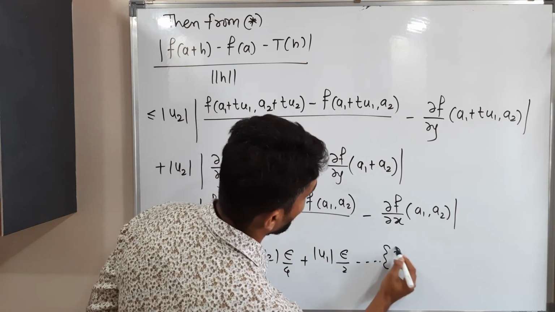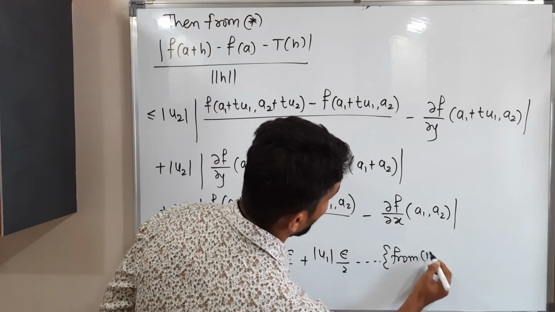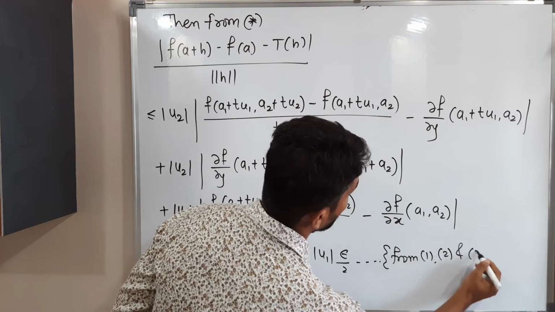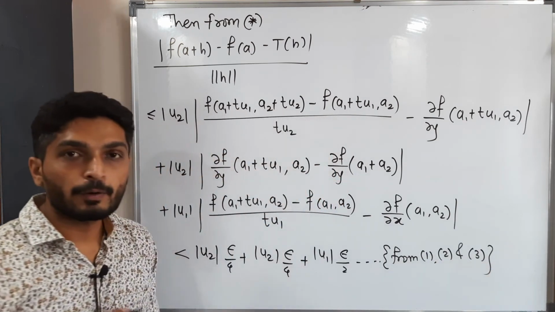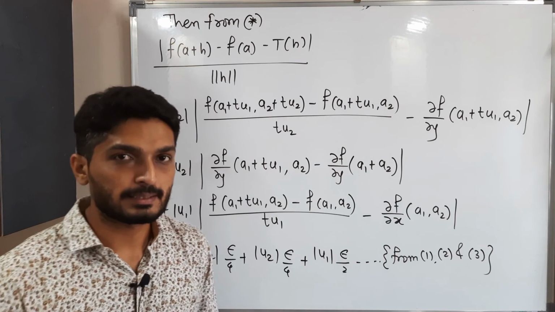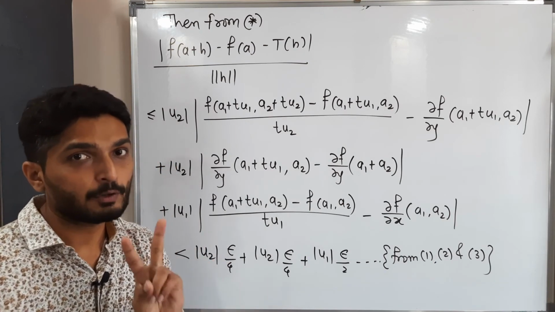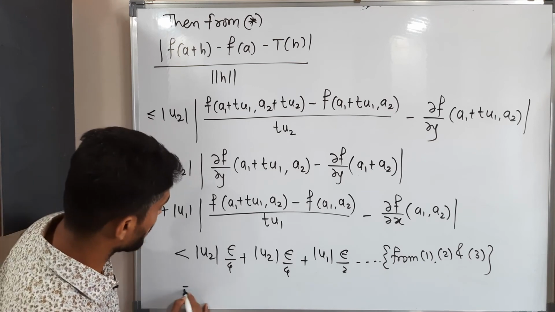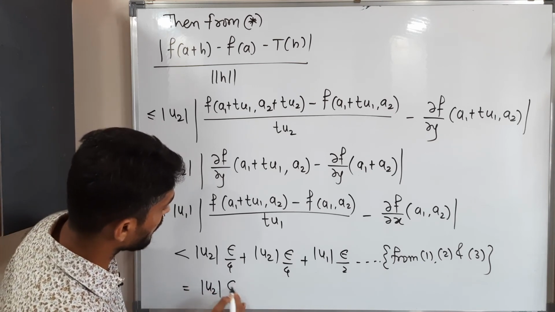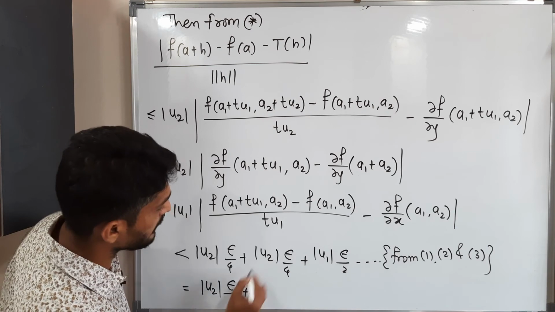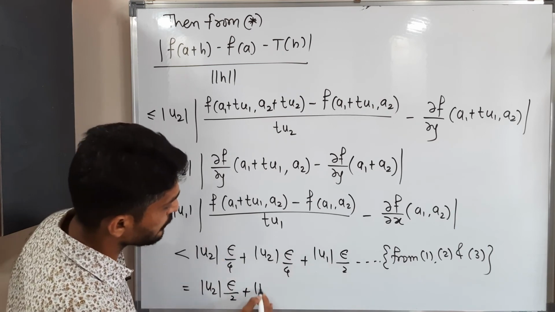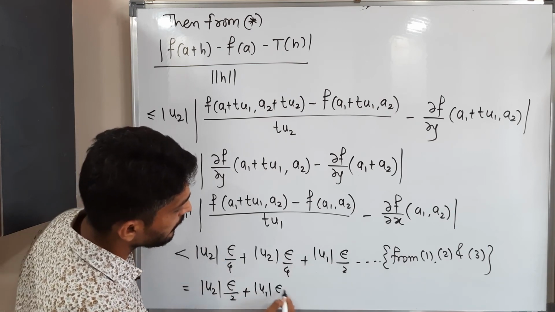So from 1, 2 and 3 we have proved each of them is less than epsilon by something. These two terms are the same, so if you add them you get 2 times. So I can write mod u2 epsilon by 2 plus, for the last one, mod u1 epsilon by 2.